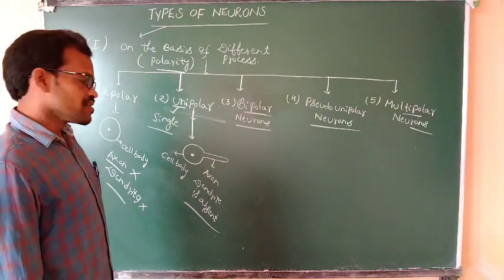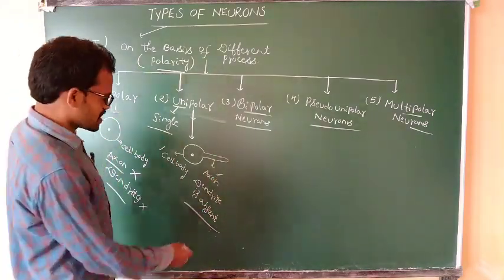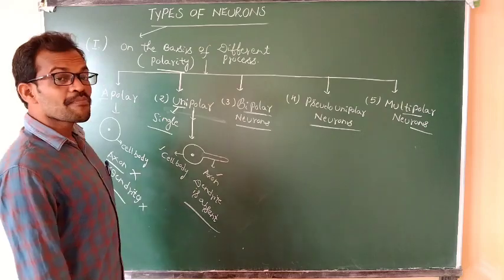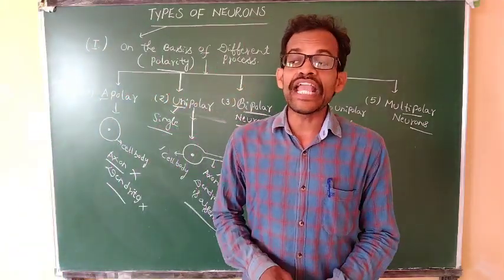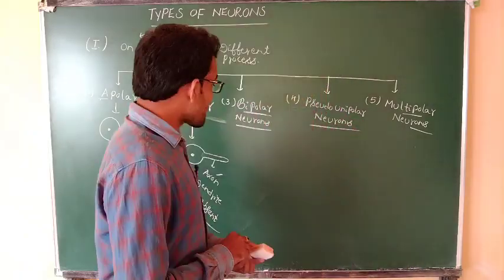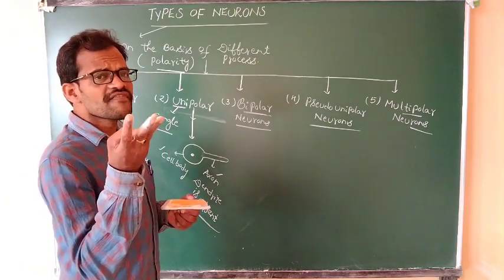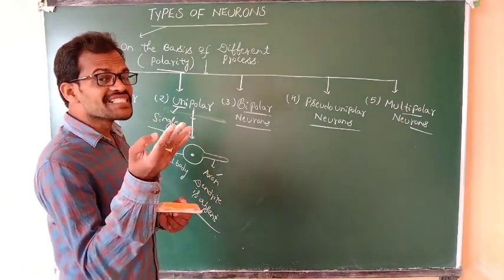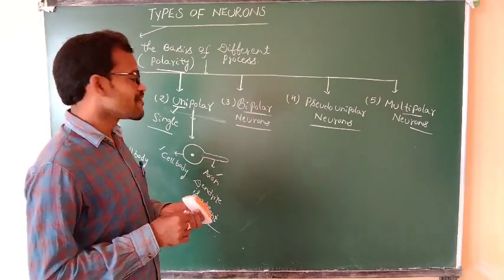This type of neuron you can observe in the early embryonic stage of the vertebrata. Vertebrata means in your human body also: fishes, amphibians, reptiles, apes, human beings.